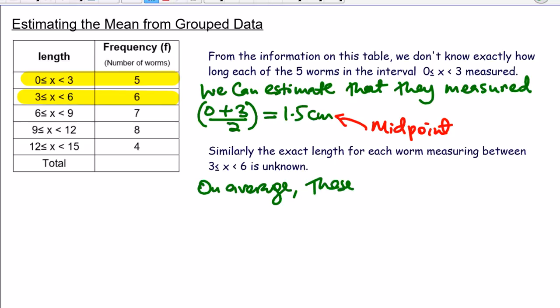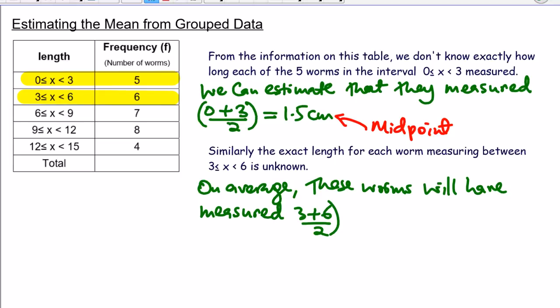On average, these worms will have measured 3 plus 6 divided by 2, which will give us 4.5 centimeters. Now, this is the midpoint, again, of that class interval.